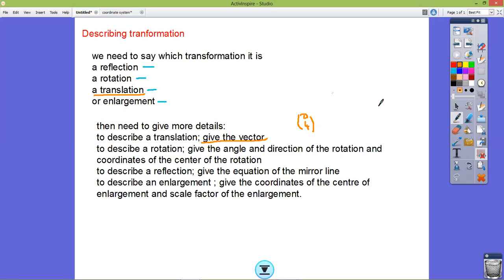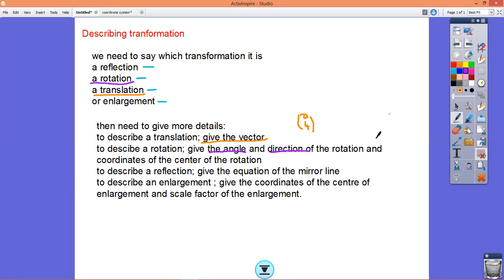Now, after that, let's go to describe a rotation. Rotation is here. To describe a rotation, what do we need to give as a detail? We need to give the angle and the direction of the rotation. Yani, it means clockwise or anti-clockwise and how many degrees.